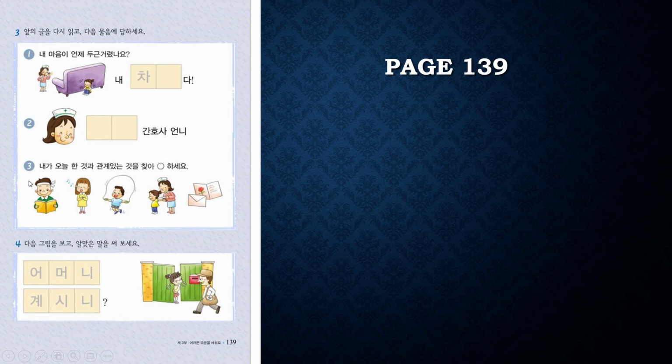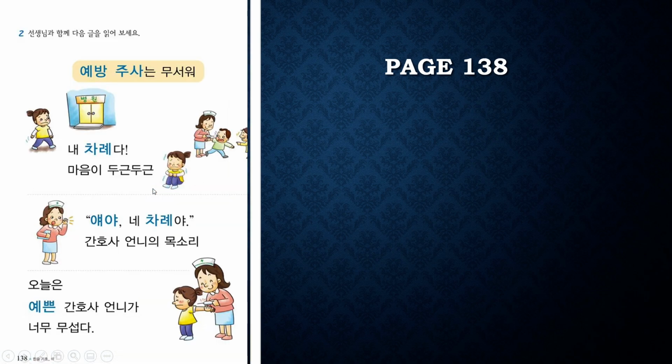So the first picture shows a guy reading. Reading has nothing to do with taking a shot, so we get an X here. The second one is a girl singing. Singing has nothing to do with taking a shot again, so we X again. And the third one is a boy doing jump ropes. Jump ropes have nothing to do with taking a shot, so we can X that out as well.